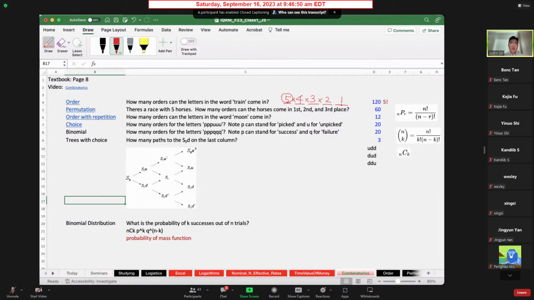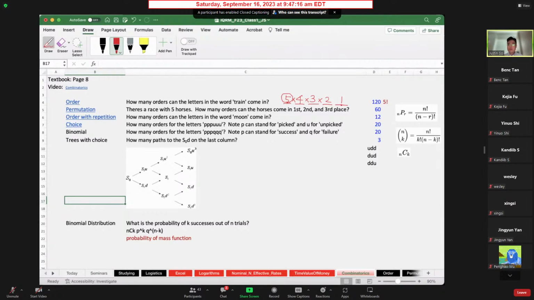Now, there are 5 horses in a horse race. If you want to check only first to third place, how many orders can we see? If you care about first, second, and third place, which horses come in? Of course, the 3 horses are different. This time, it's not going all the way to 1.